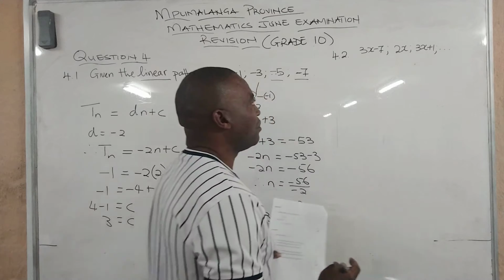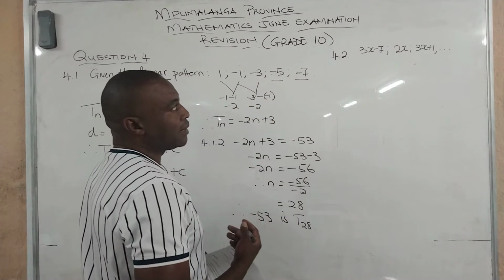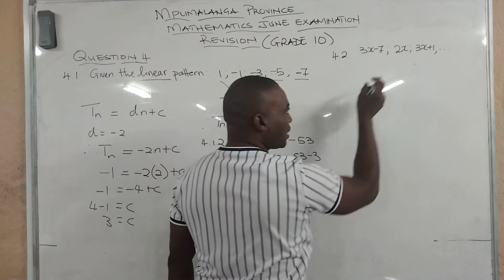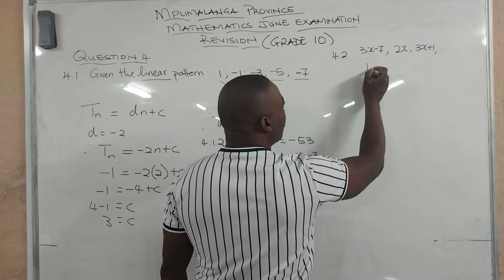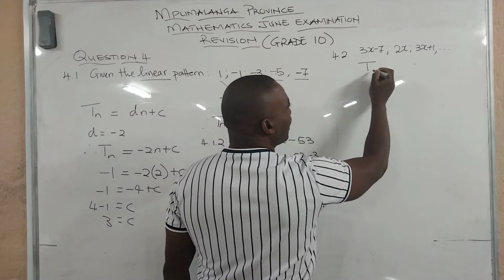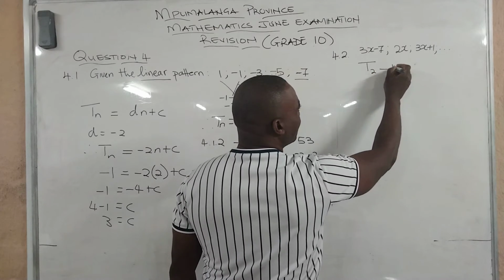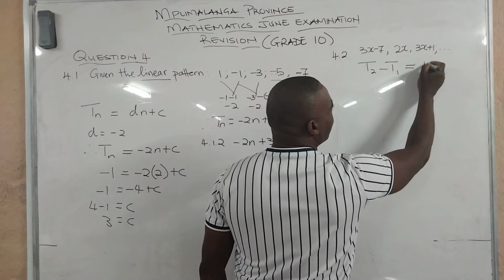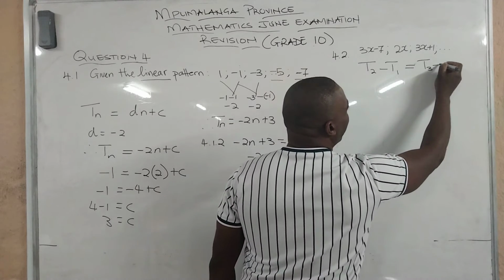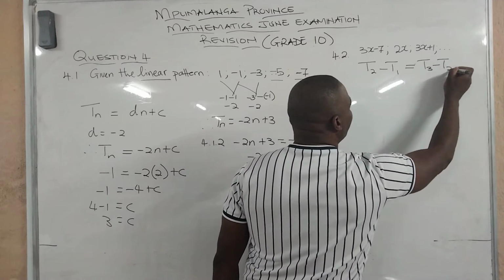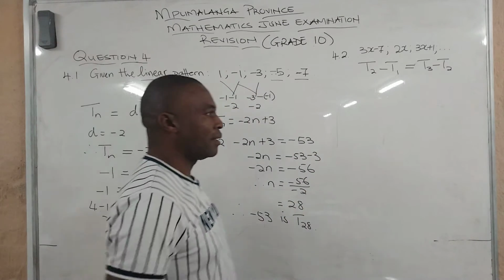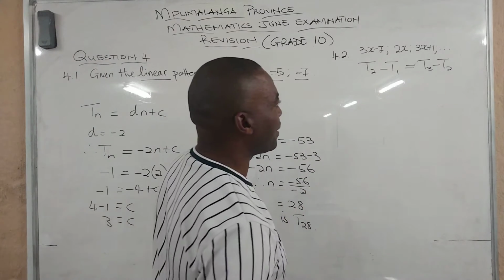You must understand that from the terms that we are given, we know that T2 minus T1 is the same as T3 minus T2, because that's the calculation of D for a linear pattern.